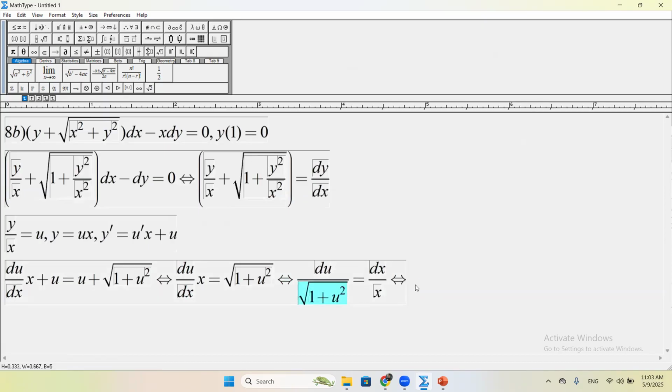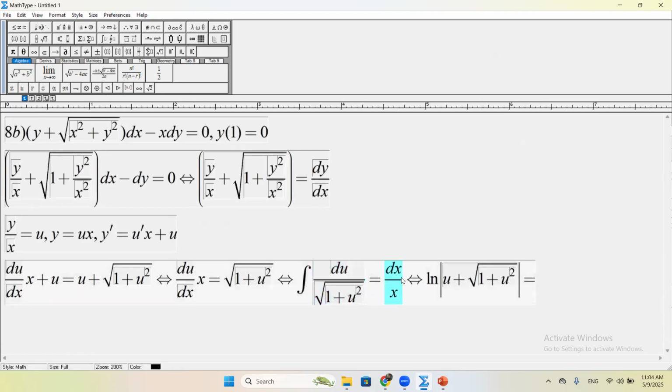So we have logarithm of u plus this square root, and let me put integrals here. So it equals logarithm of x plus logarithm of c.